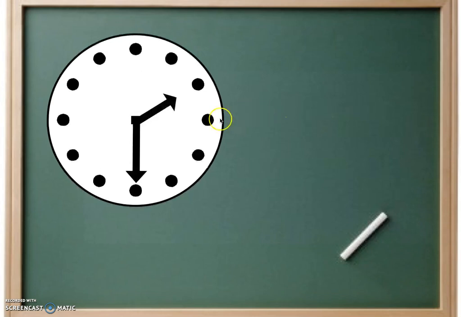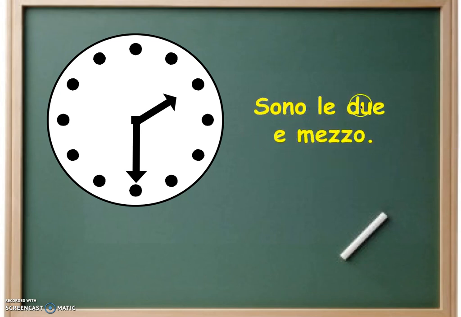The next one. Now we're at the half-hour mark. Sono le 2:30. It is 2 and a half. You could use the number 30. It would not be incorrect, but mezzo sounds better. It's more common.